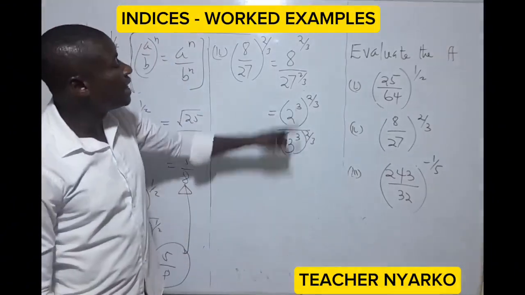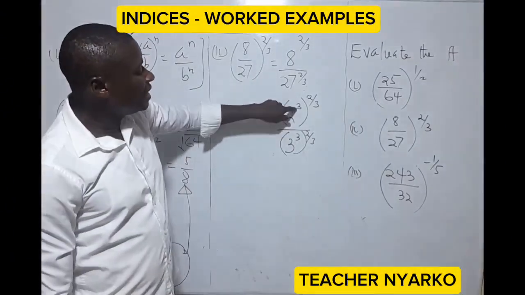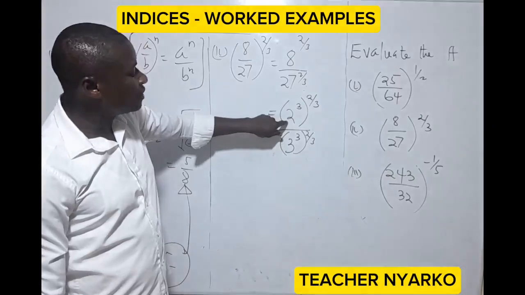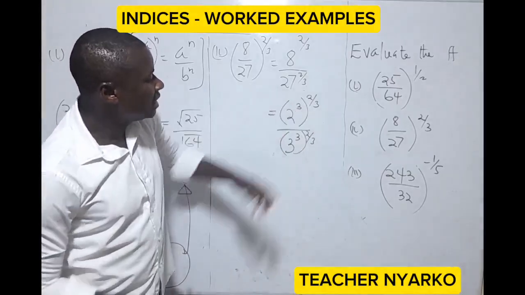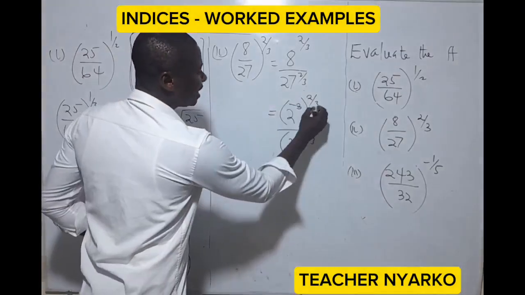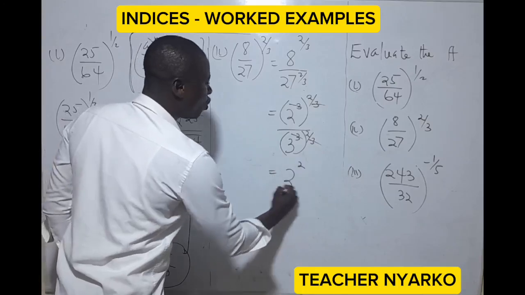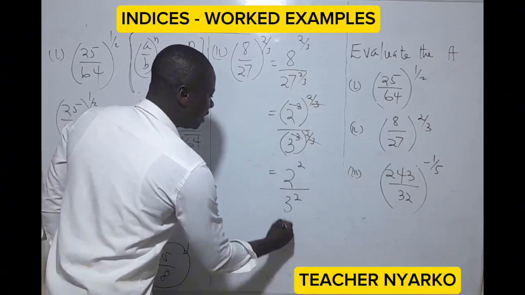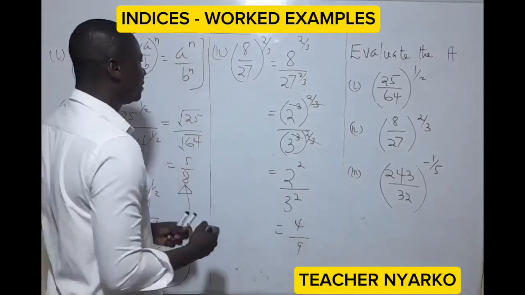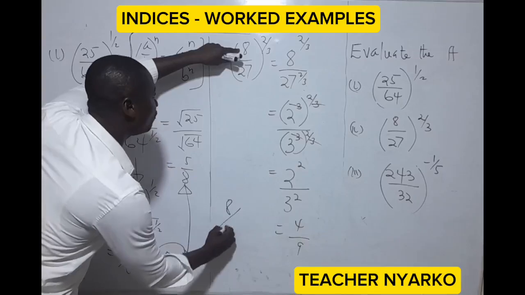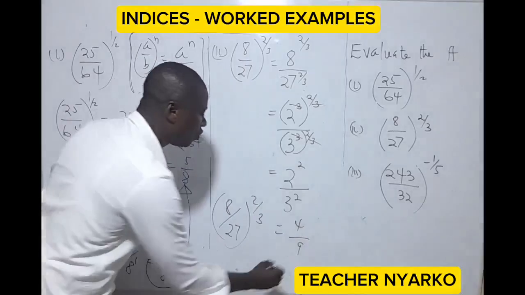You see, we are expressing this in this form so that the exponent to the base in the bracket will be equal to the denominator of the exponent outside the bracket, so that our 3 can cancel 3 here, and we are left with 2 exponent 2 over 3 exponent 2, and 2 exponent 2 is 4, and 3 squared is 9. That means that the question, 8 over 27 exponent 2 over 3, is equal to 4 over 9.